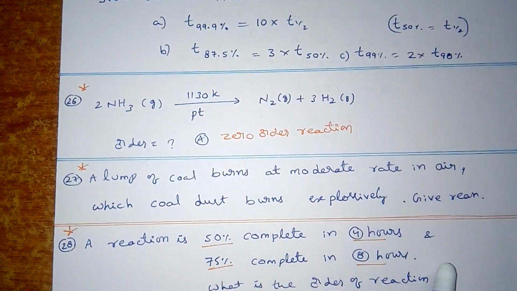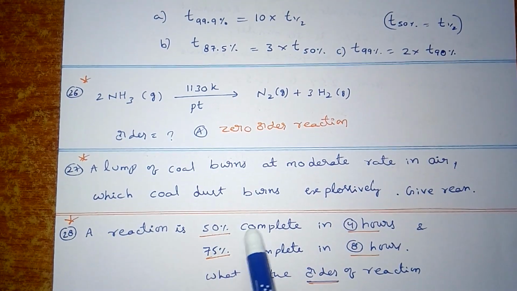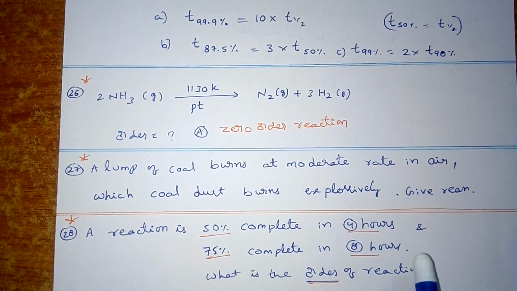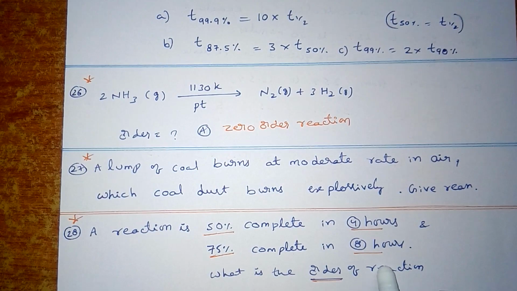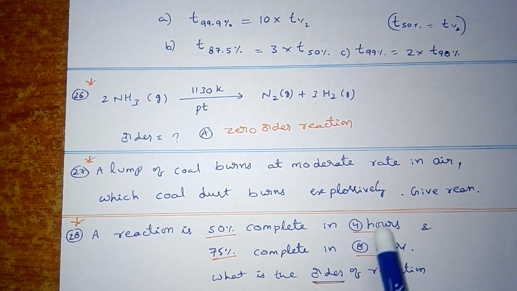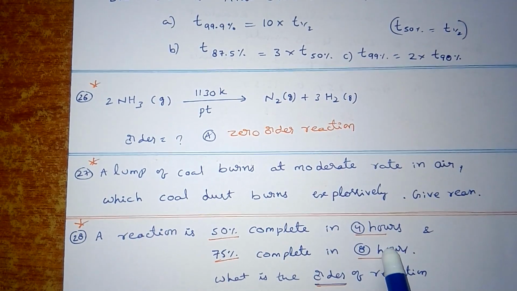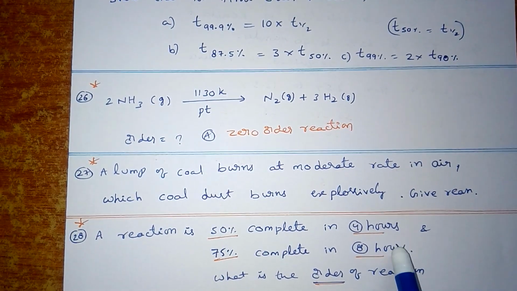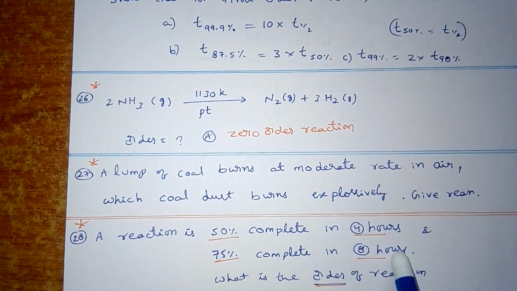Next question. Okay, a reaction is 50% complete in 4 hours, 75% in 8 hours. What is the order of reaction? You do one thing: take first order reaction, substitute these values. This is the first condition, this is the second condition. If both conditions give almost the same K value, then that is the first order reaction.